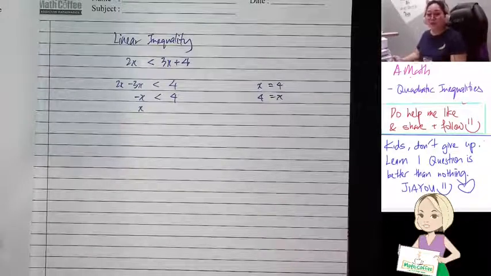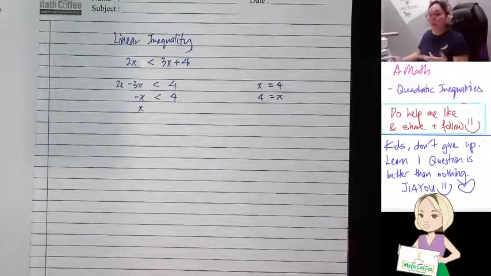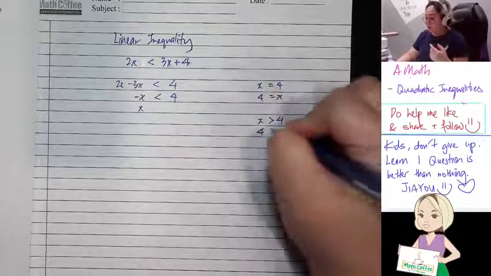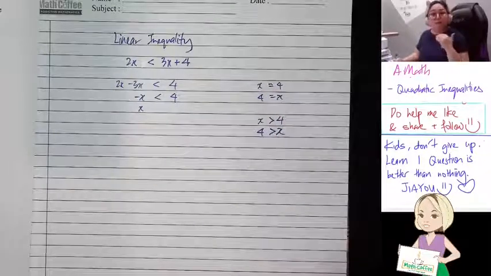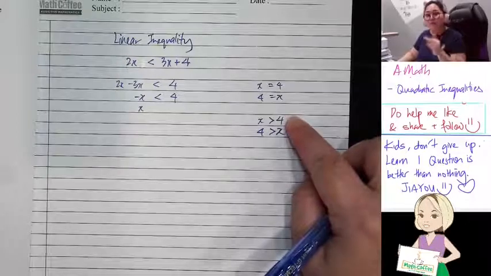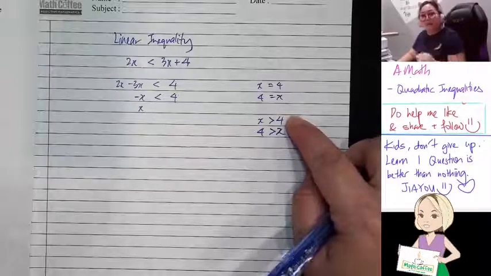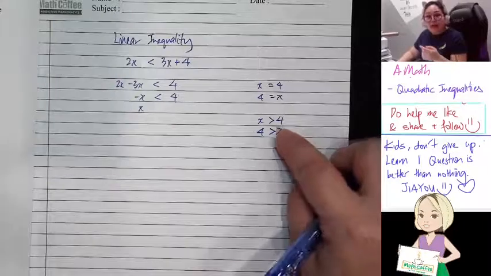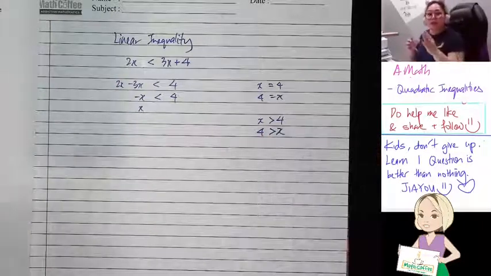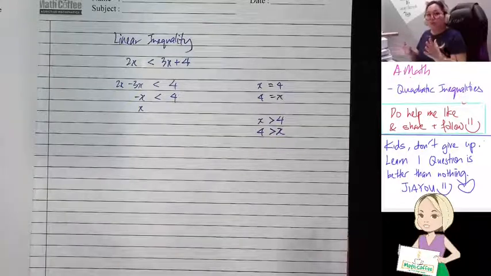But for inequality, it matters. Whether it is x more than 4 or 4 more than x, it's two different things. The top one represents x more than 4, that means 5, 6, 7, 8. But the bottom one is x less than 4, which is 3, 2, 1, 0. So it matters which side you put for inequality.